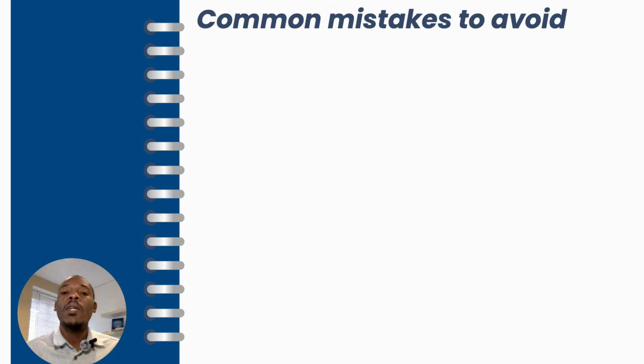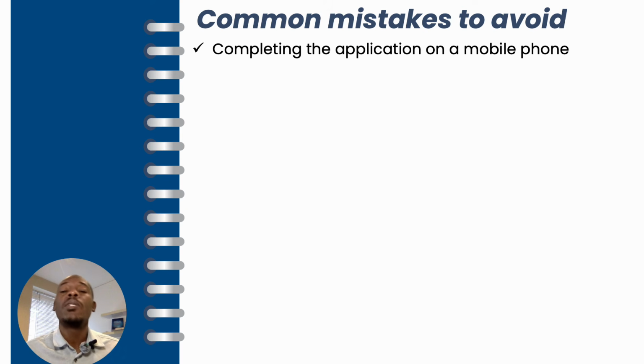Right. So what common mistakes should you avoid as you are making this application? The first thing I think we all know is that you should not complete your application using a mobile phone. So please, I beg of you, do not use your mobile phone to complete the application.